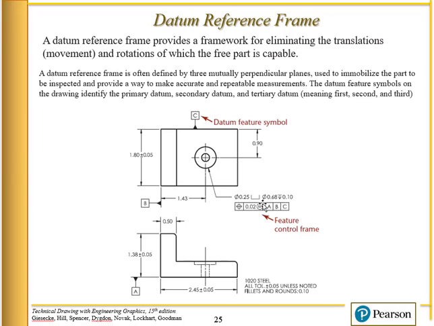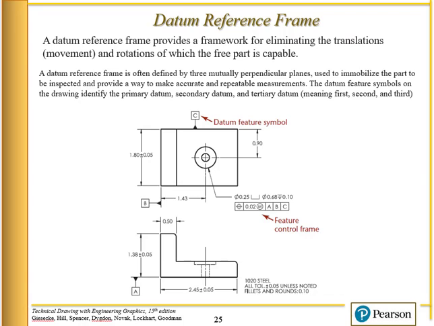This one says that the tolerance applies at the maximum material condition. And then these three datums, A, B, and C. A is the primary datum, it's listed first. B is the secondary datum, this surface right here. And then C is the tertiary datum.